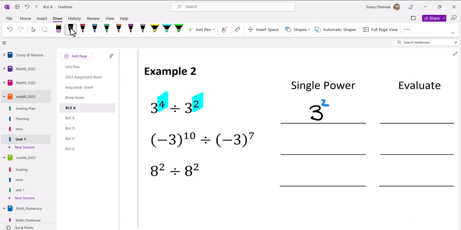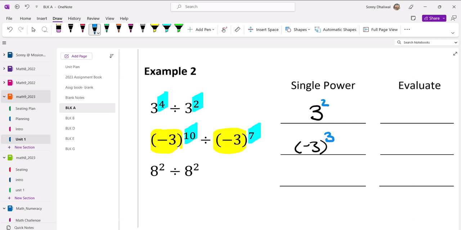No. Whatever base we started from, it's the same base. So what's the base over here? Close, -3 with the brackets. All of this is the base. What should the exponent be? 3. 10 minus 7 gives us a 3.